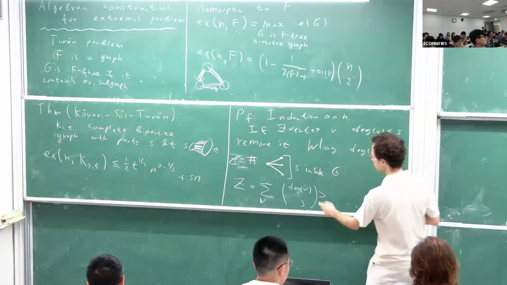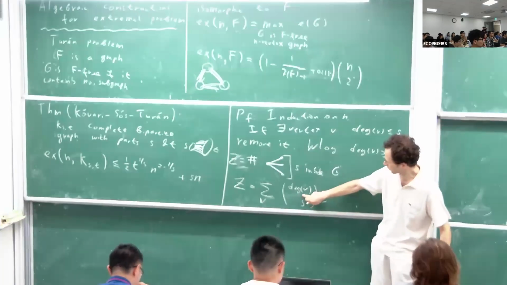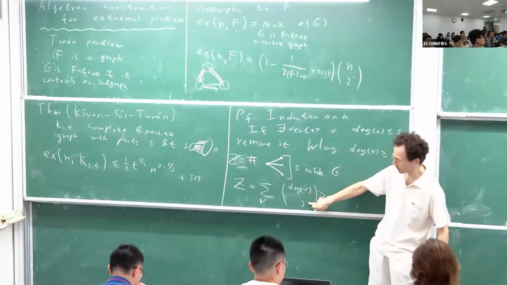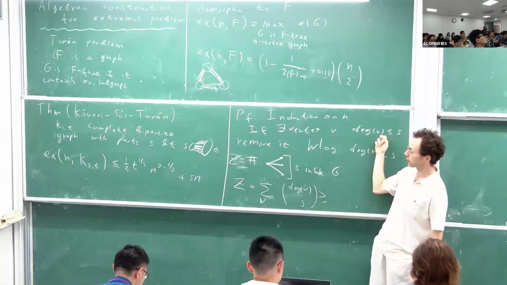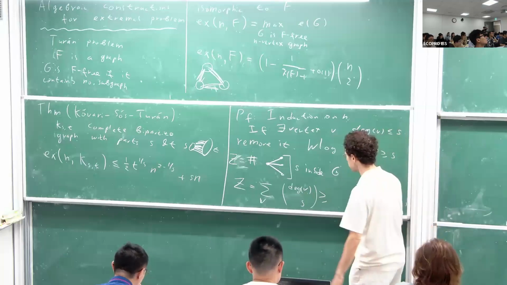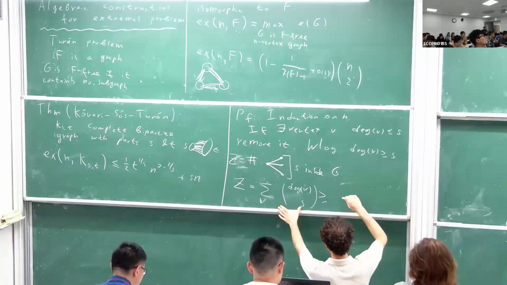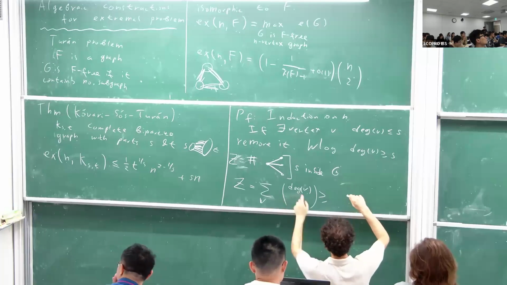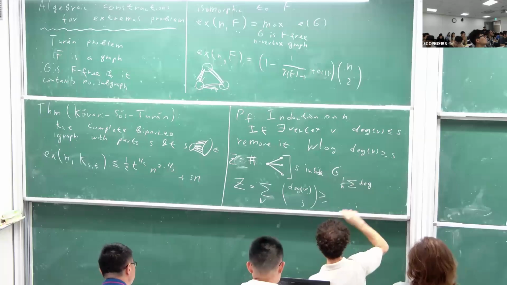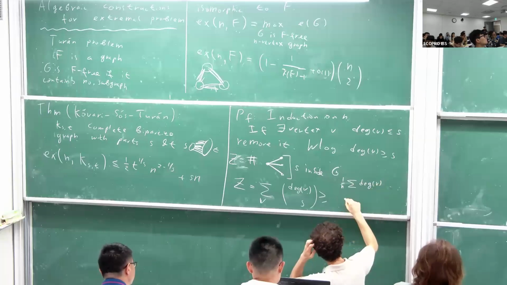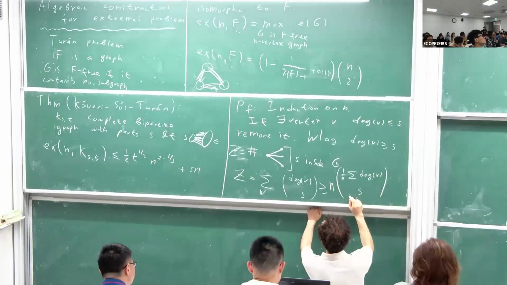Now, because the degree of every vertex is at least s, and the binomial coefficient function x choose s is convex when x is at least s, this is basically why I ensure this. I can use Jensen's inequality to argue that this is smallest when all these numbers are equal. So we get the lower bound of n times the average degree of v, choose s.